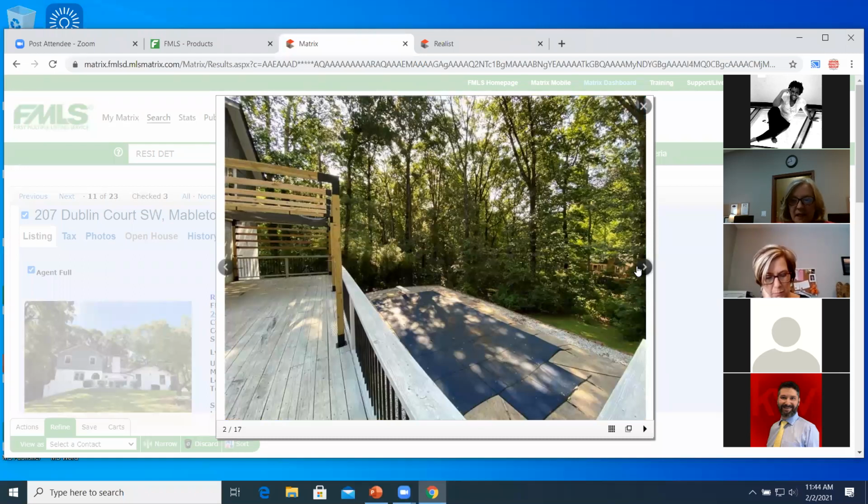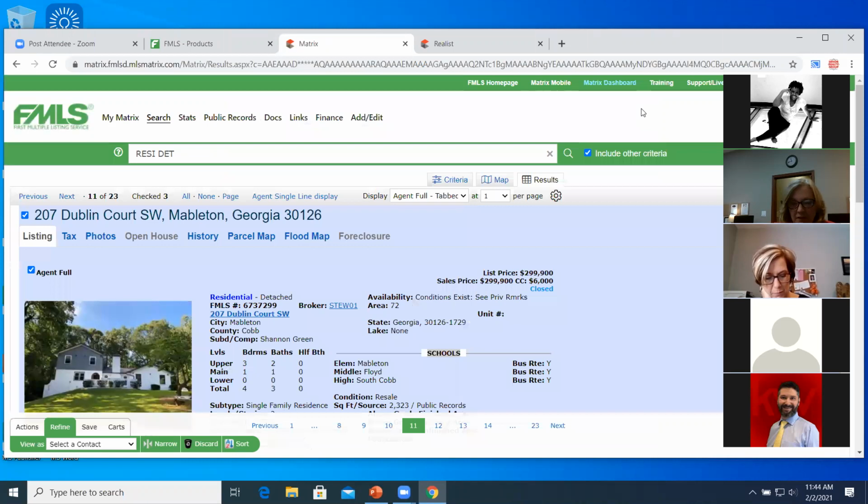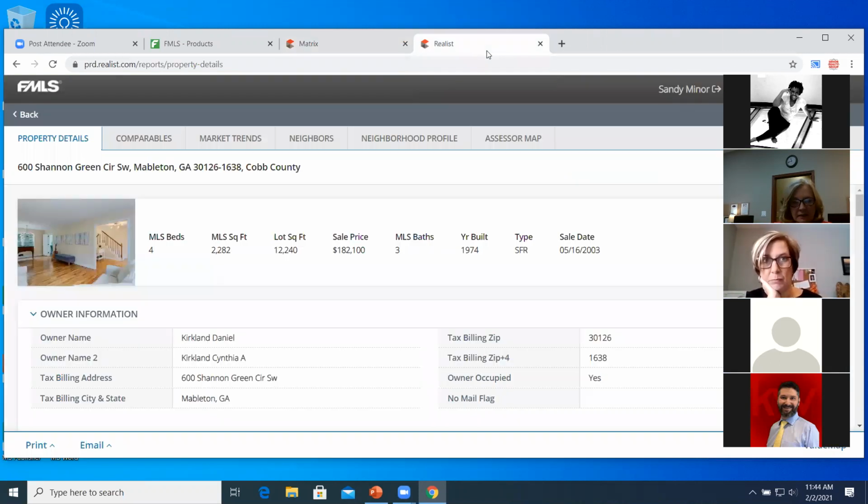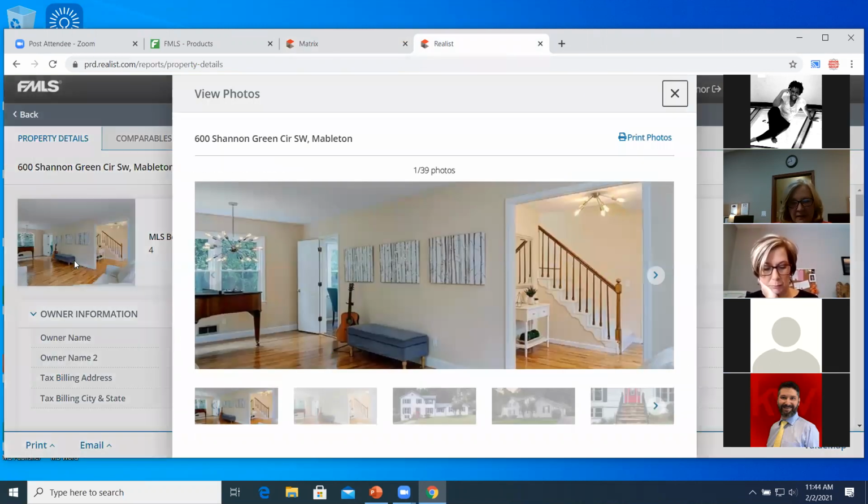All right. But still, I think overall it's pretty comparable to ours. What do you guys think? Everybody agree? Disagree? Go back into our tax record here and look at that. Look at this one again.